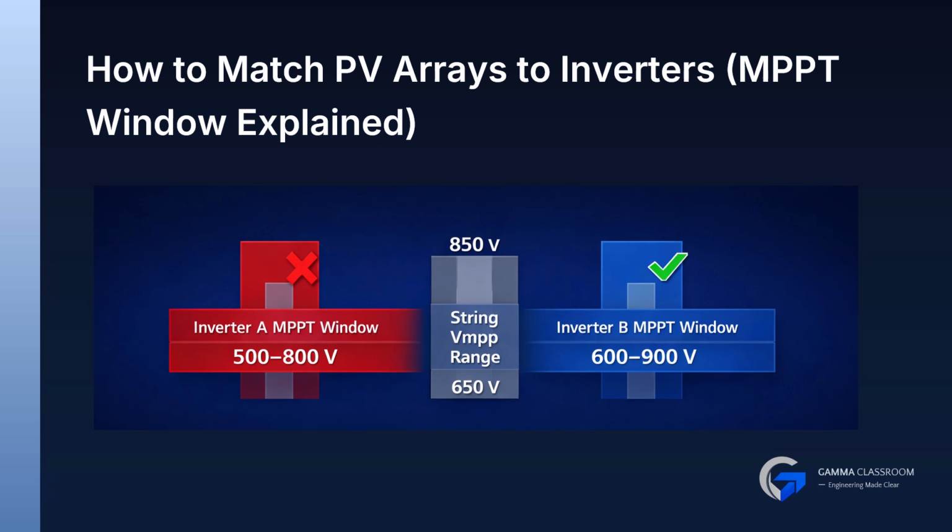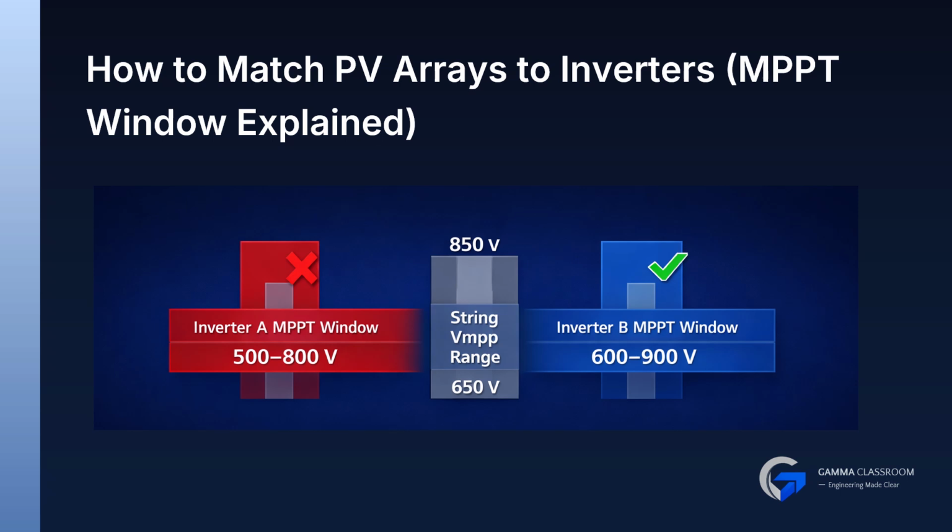Inverter A's MPPT window is 500 V to 800 V. Its maximum of 800 V is lower than the string maximum power point voltage maximum of 850 V. So part of the array voltage lies outside the tracking range and it fails.